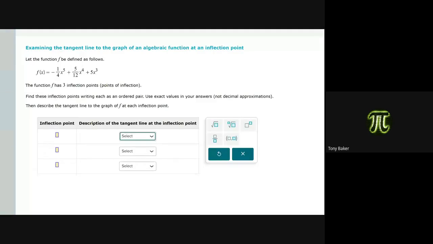All right. So here's the problem. The first thing you have to do is find the first derivative and the second derivative. So find your first derivative, find your second derivative.